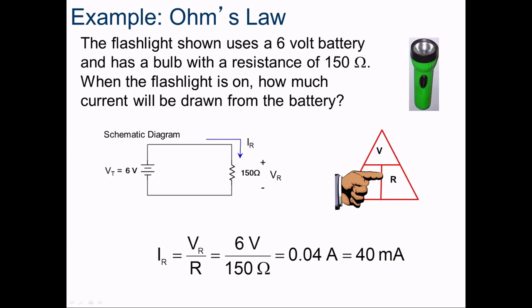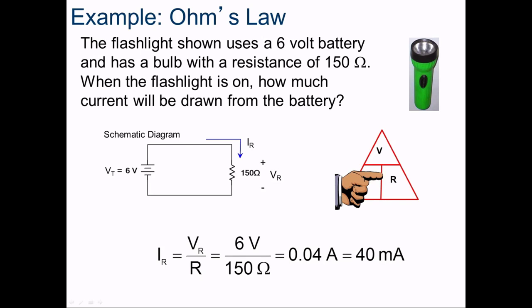Let's talk about some conversions. Now's a good time to do that. You may want to write this down. Let's mention milliamps since we just did a problem with current and amps. 1 amp is equal to 1,000 milliamps.